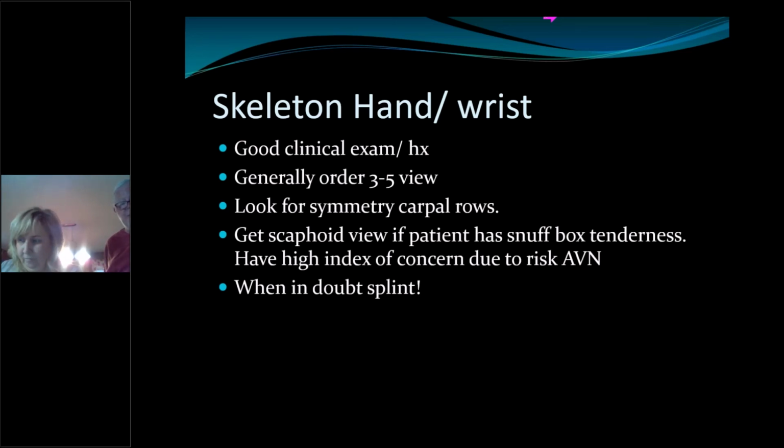miss. Typically if folks have tenderness over what we call the anatomic snuff box, you want to have a concern for a scaphoid fracture, which could lead to what we call avascular necrosis. When in doubt, splint it up. Nobody is going to be upset because you put them in a splint. If they've got pain, swelling, trauma, and you put them in a splint and then the x-ray comes back final read as negative, nobody's going to be upset with you.